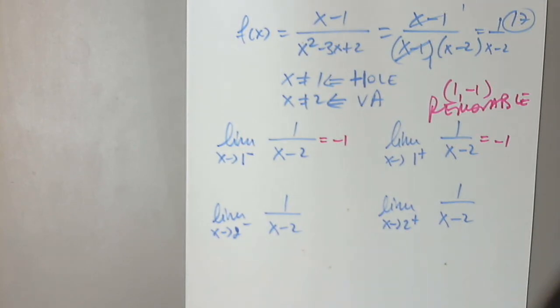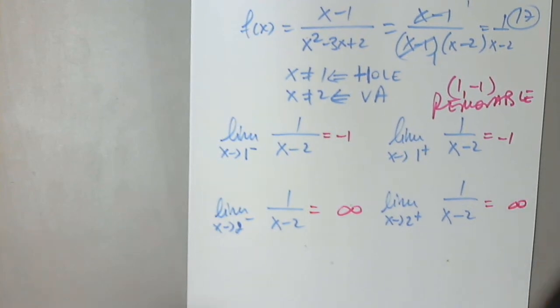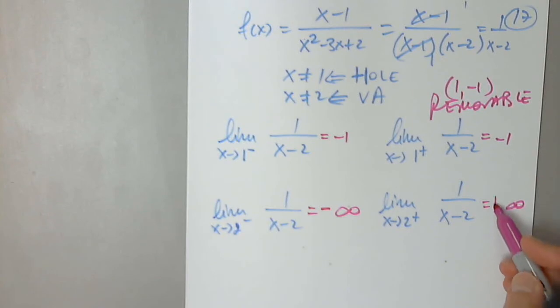Very good. Now in this situation, I know it's a vertical asymptote, so I know the answer must be infinity, but I don't know which sign. So here, 2 from the left means 1.9, and the sign is negative, I agree. 2 from the right means 2.1, and the sign is positive.